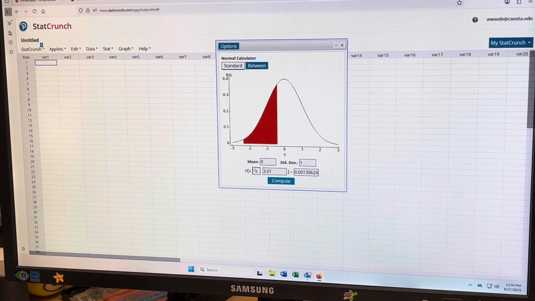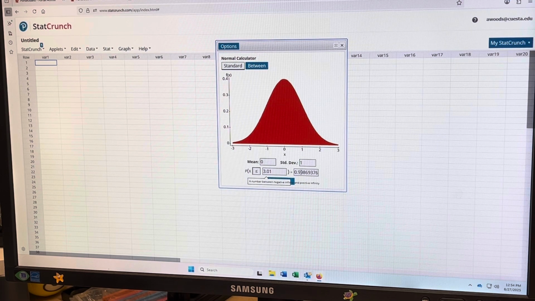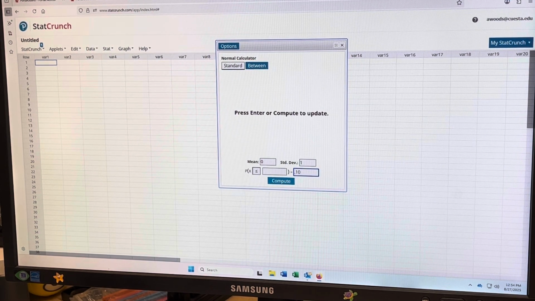We want to make sure that we use less than, but instead of putting anything here, this is where the z-score goes, and we don't know the z-score yet. We only know that the area is equal to 0.10. So where the answer would be, we're going to put 0.10 over here.